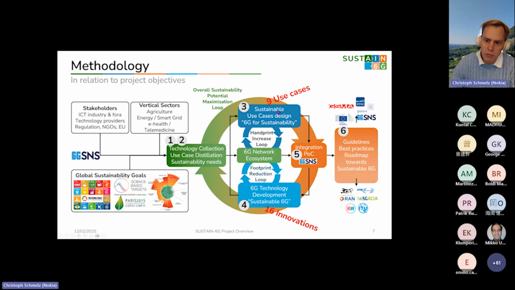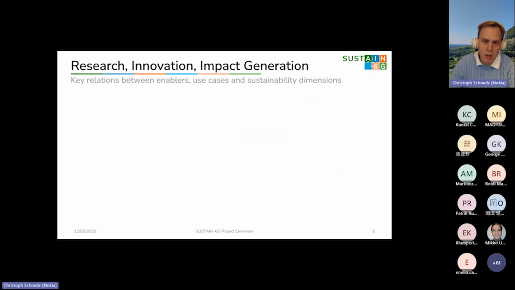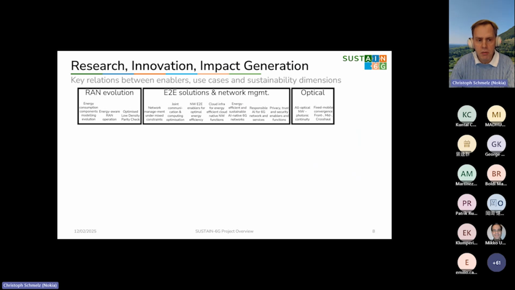Just a few numbers. We will be looking into, or we have pre-identified at least, 9 use cases from the consortium members and 16 innovations in the technology. I will quickly go into that in the next slide. So very roughly, we will be looking at RAN evolution topics, end-to-end solutions and network management. This also includes, and not everything is completely listed here, core and cloud infrastructure topics.